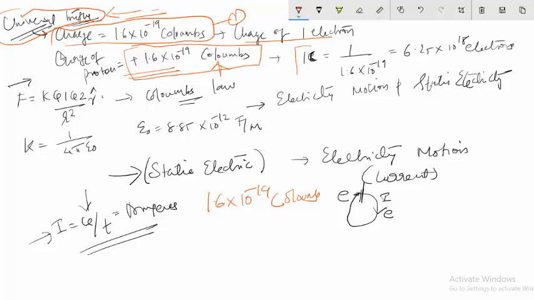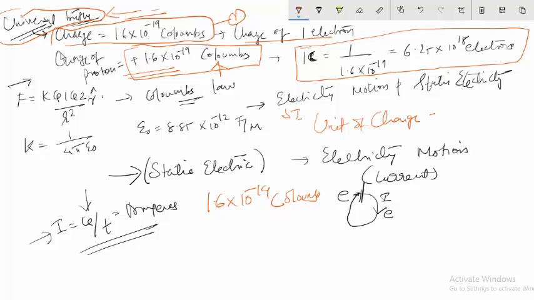Again, how many electrons are needed to produce 1 coulomb of charge? The SI unit of charge is coulombs.